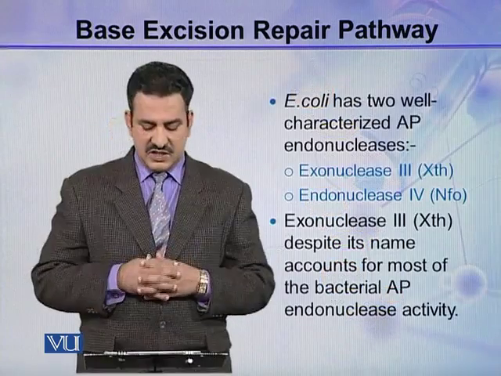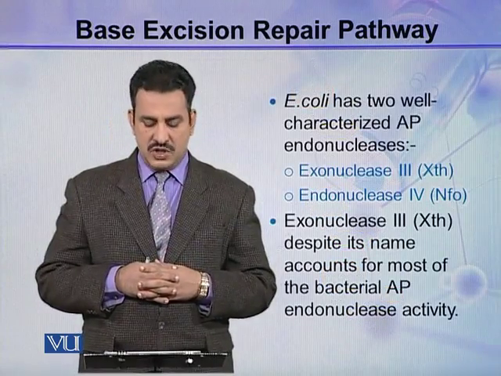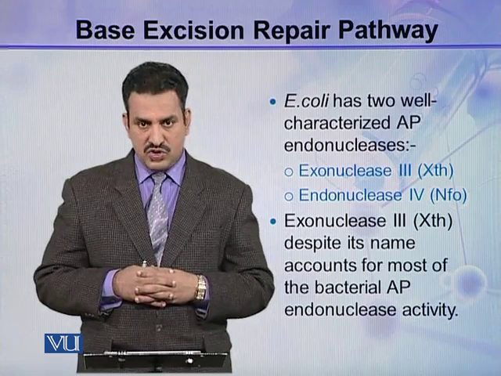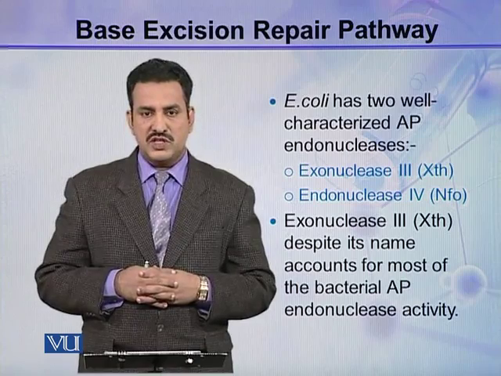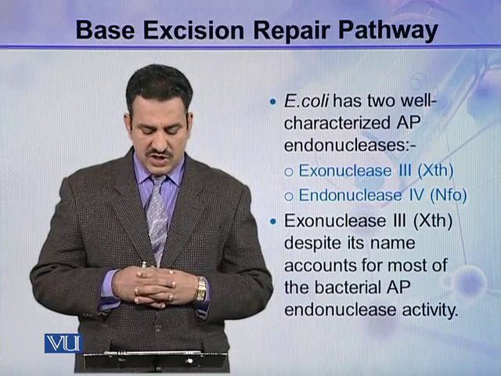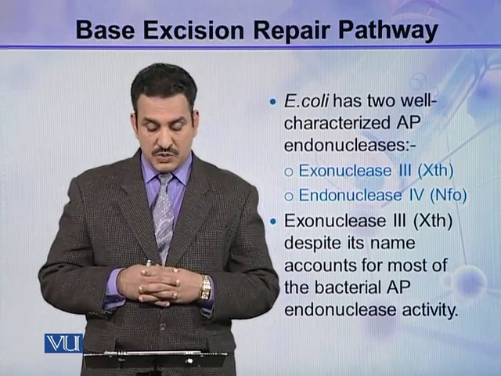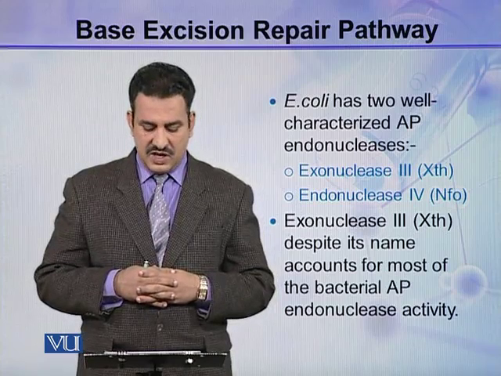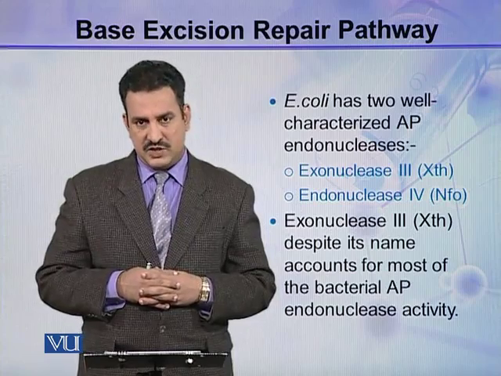E. coli has two well characterized AP endonucleases, and these are exonuclease 3 and endonuclease 4. Exonuclease 3, despite its name, accounts for most of the bacterial AP endonuclease activity.